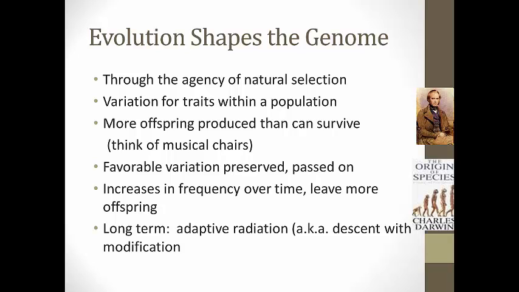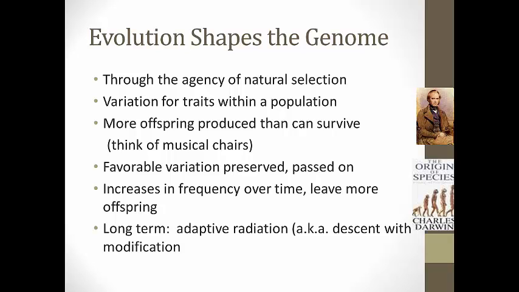But more often, those organisms that have favorable variation, go back to point 1 where we talked about variation for a particular trait, those organisms that have favorable variation are more likely to make it in the game of life, and therefore their genes will be passed on when they reproduce.